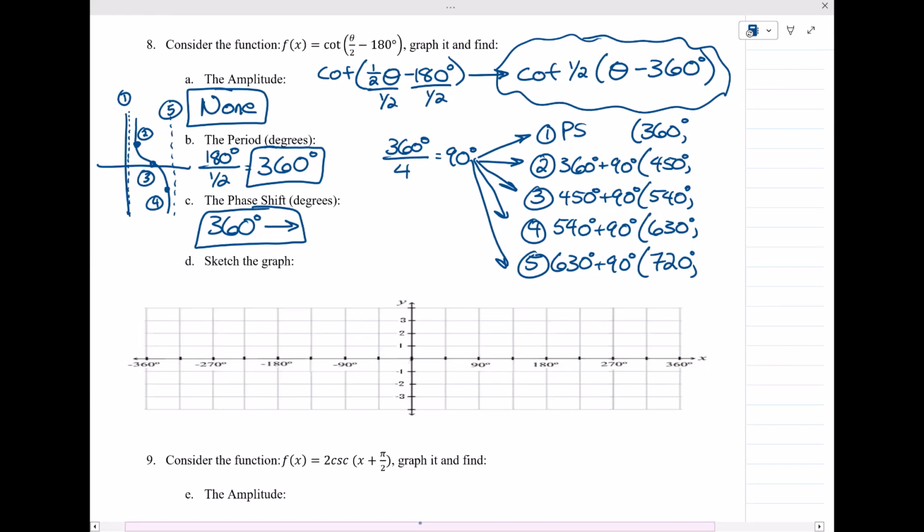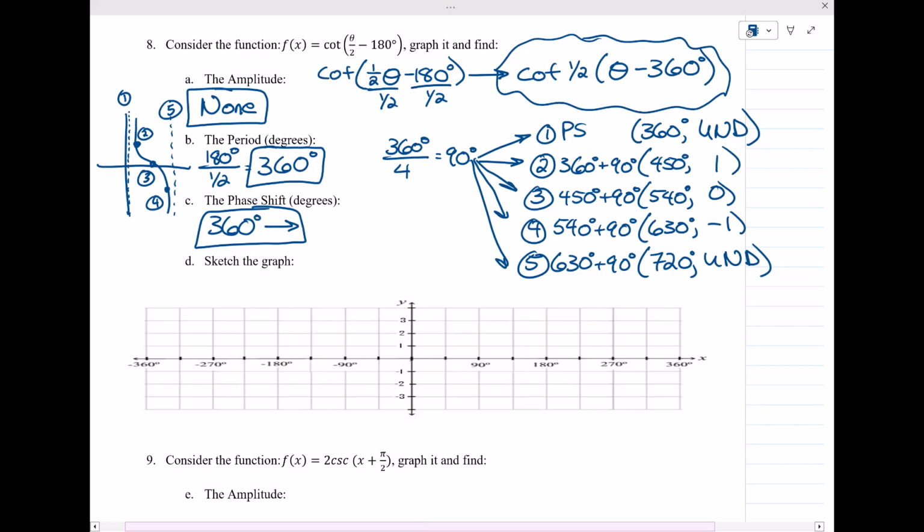So the initial starting point of cotangent is undefined, and then it ends by being undefined. So that we know we definitely have those 2 points. And then it goes 1, 0, -1, and then undefined.